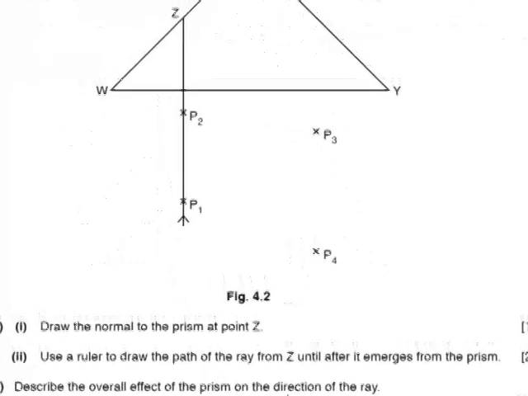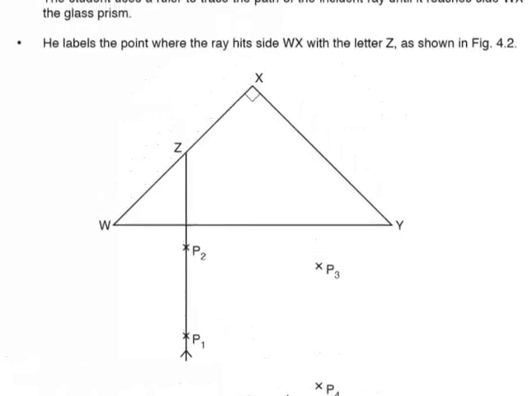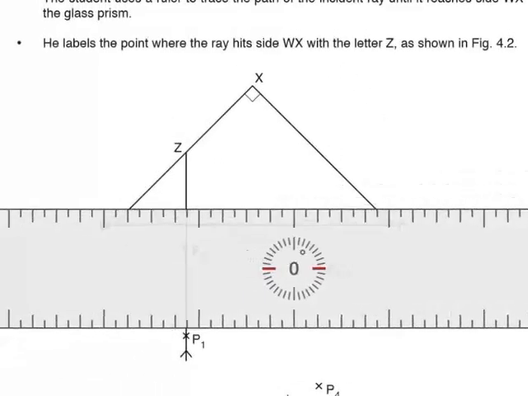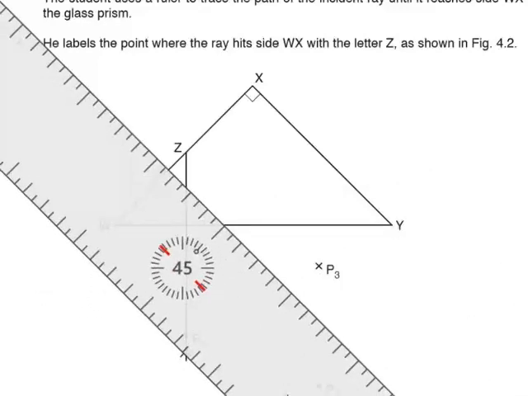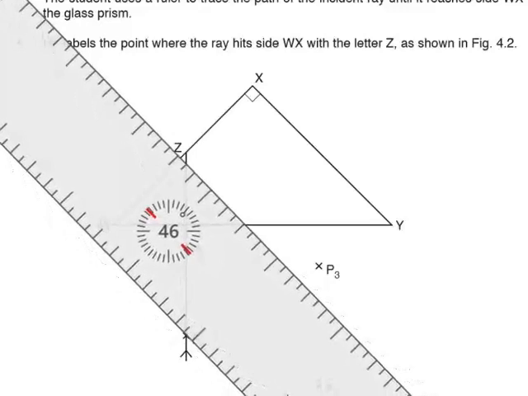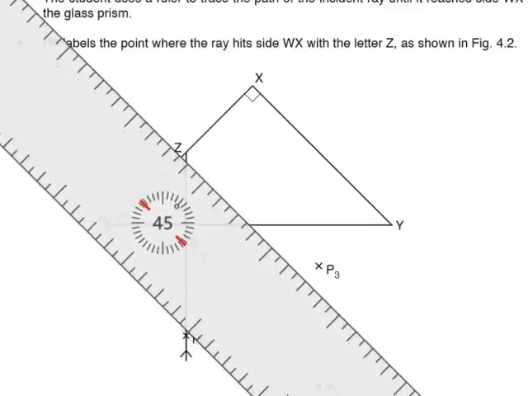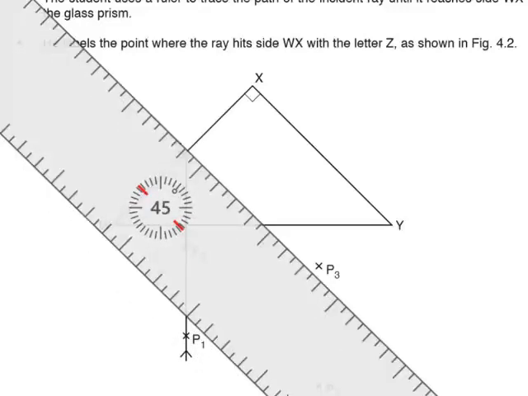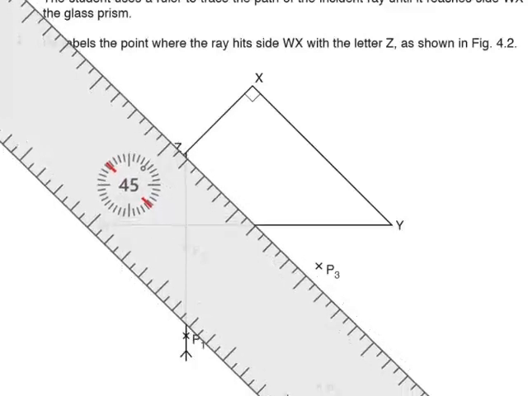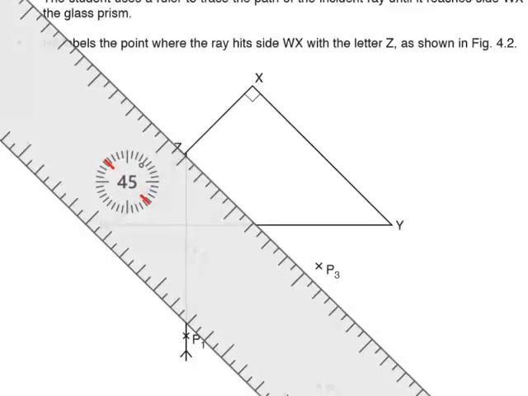Draw the normal to the prism at the point Z. Now class, when you draw this normal, take your time to imagine. The normal is 90 degrees from the surface, okay? 90 degrees. So this will be your normal.